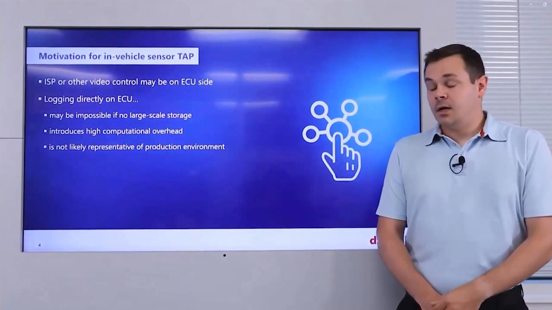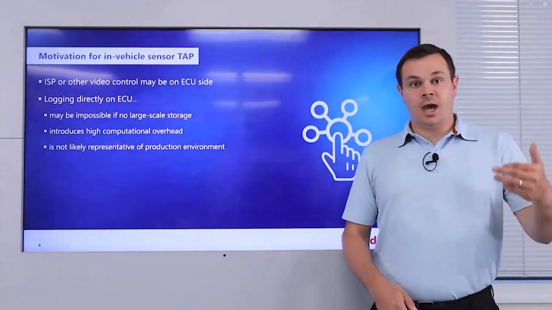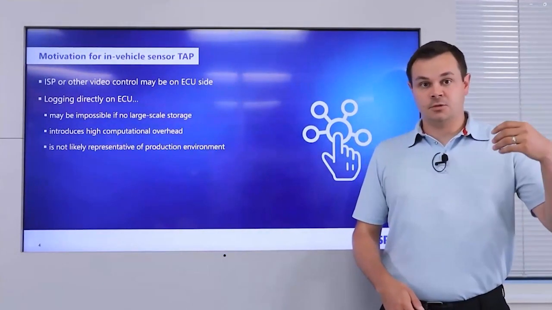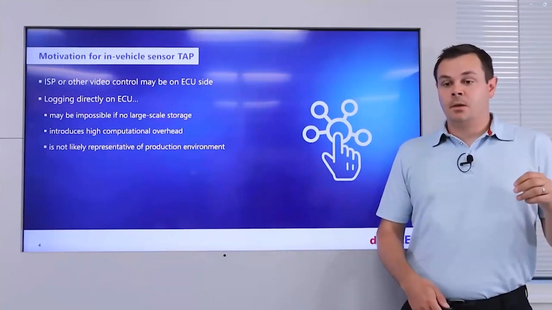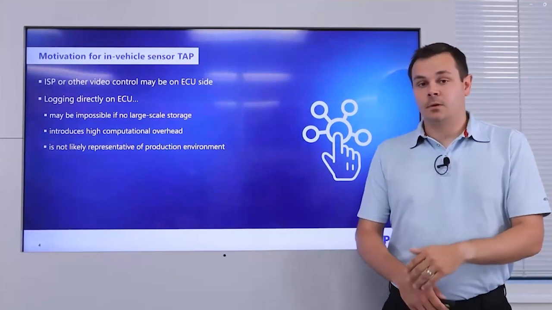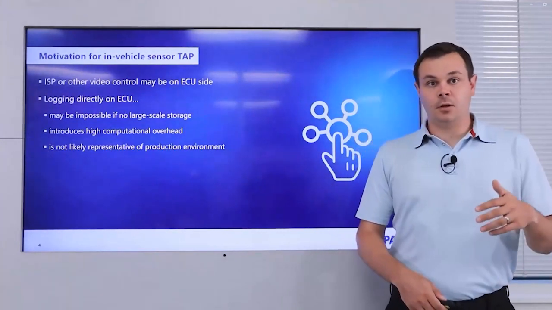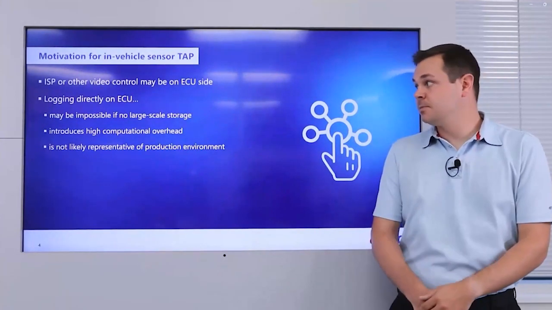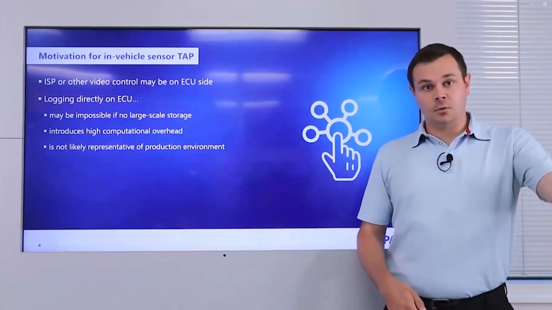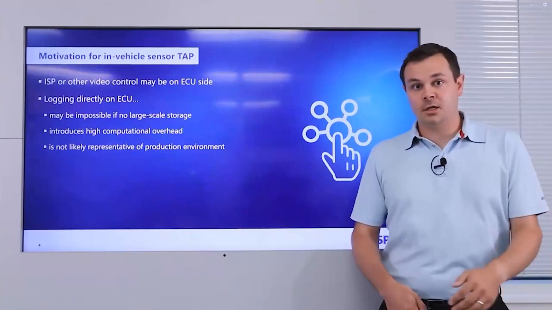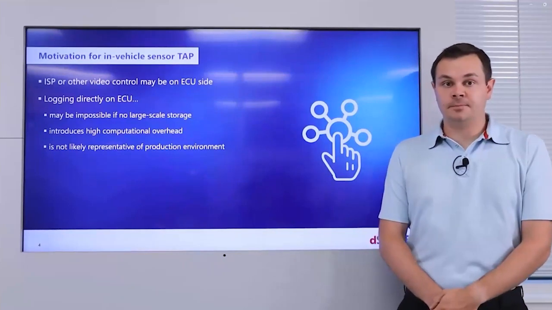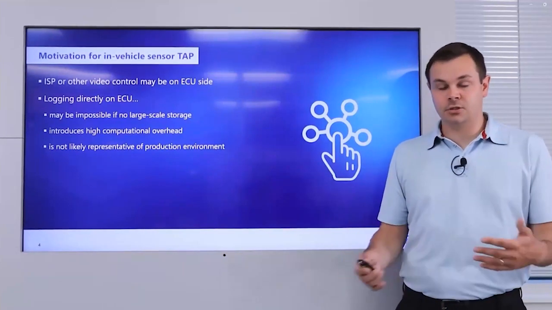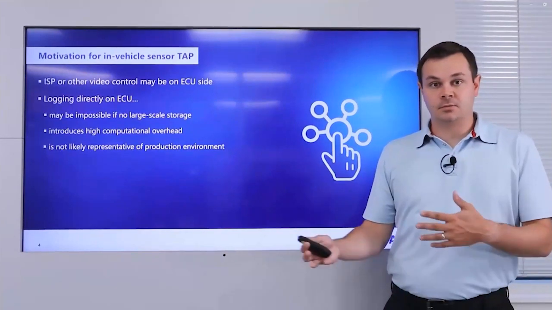The reason for that is that it may not be possible to add a large-scale storage, maybe an SSD or some network SSD to the ECU. You may not have the ports available. It may not just make sense. Even if you do have the ability to add it physically, you may not want to add the computational overhead of actually pushing the data from the file system to disk.